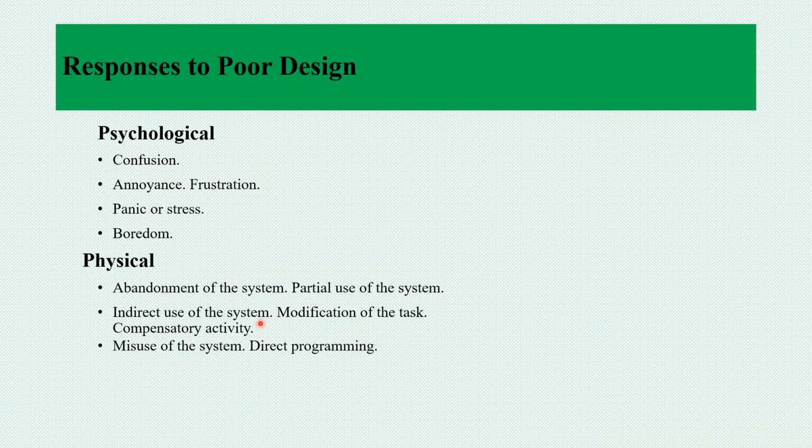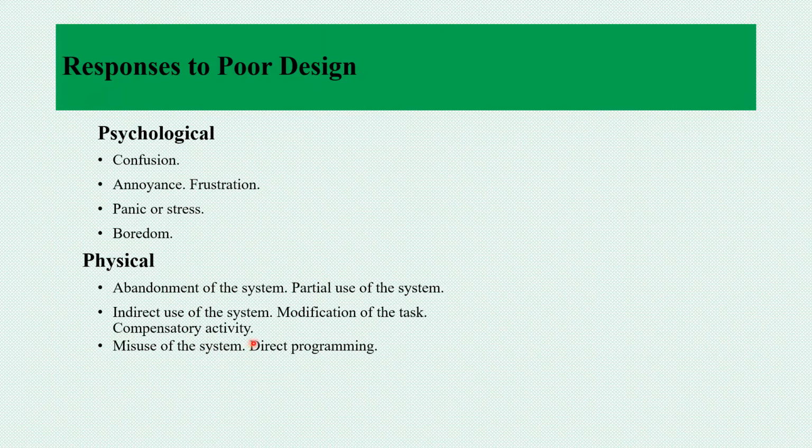Since this requires high status and discretion, it is a typical response of managers or others with authority. Then the modification of the task. Here the task is changed to match the capabilities of the system. This is a prevalent reaction when the tools are rigid and the problem is unstructured, as in scientific problem solving.